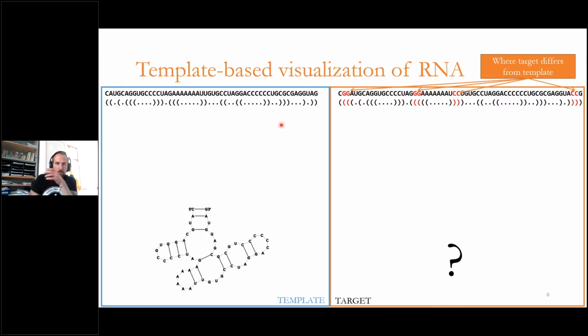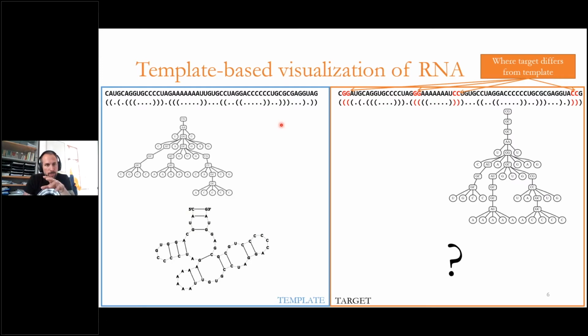Right? So how do we proceed? In the first step, we generate template and target tree representations of the secondary structures.